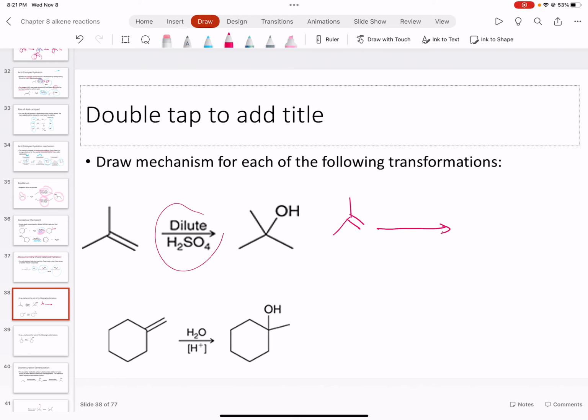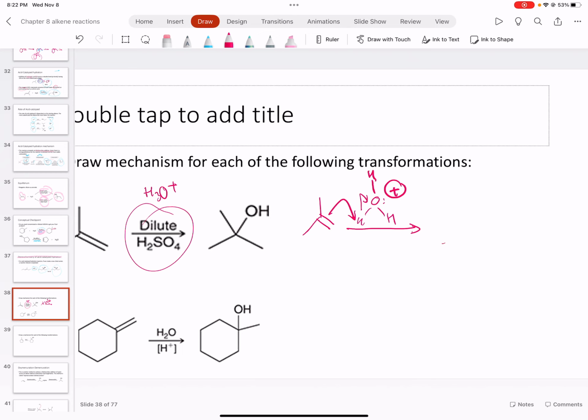So then most of these ones, we can think about it as H3O plus. It's dilute, so it's going to be additional water. So first we're going to do that proton transfer. Okay, let's see.